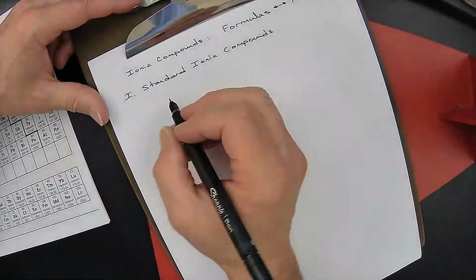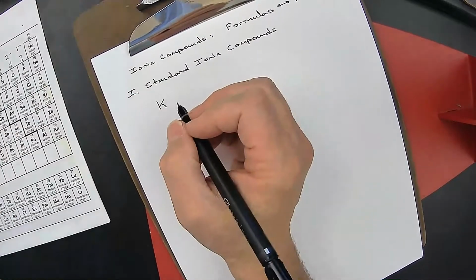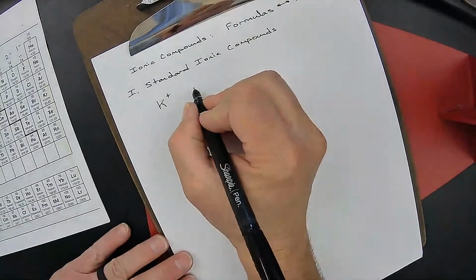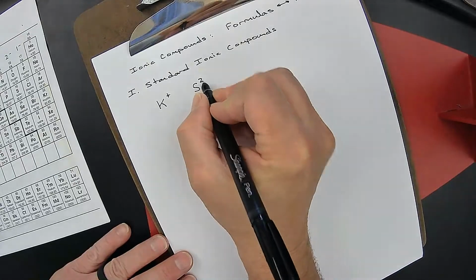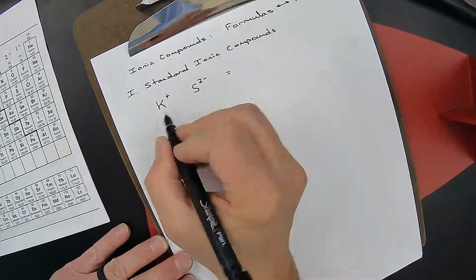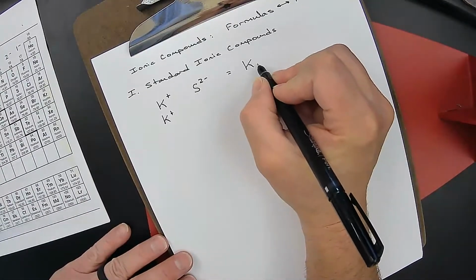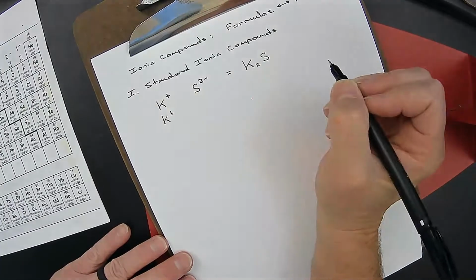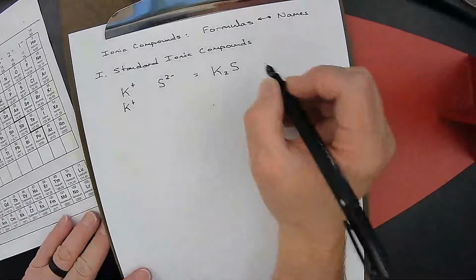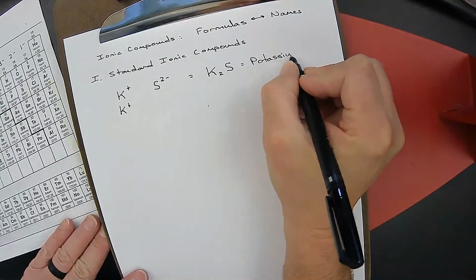So if we looked at K with a 1+ and S with a 2-, for the formula we would need another K. So the formula we would get would be K2S, 2 Ks for 1 S. And the name that we would get is potassium, because K is potassium.